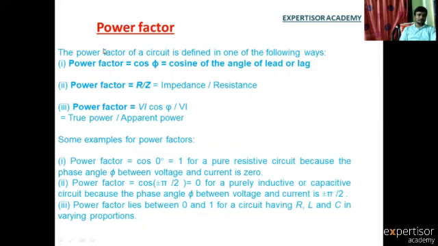Next, power factor. Let's verify these power factors. The power factor of a circuit is defined in one of the following ways. Power factor is equal to cos phi, that is the cosine of the angle of leading or lagging.